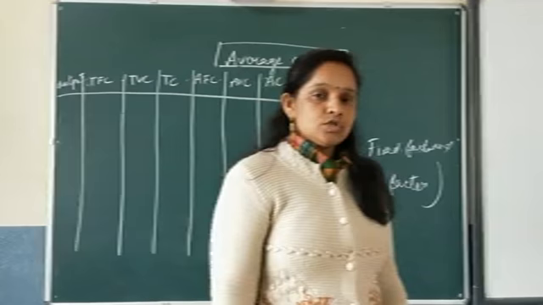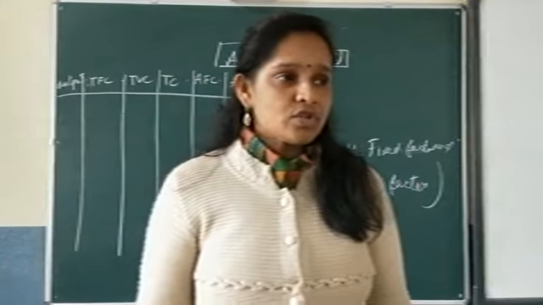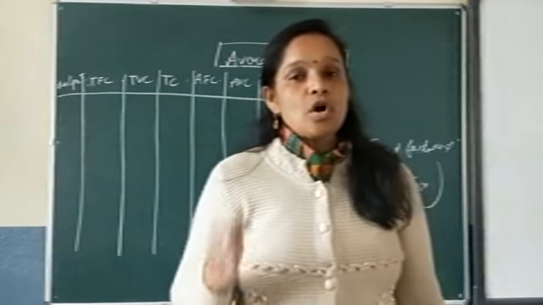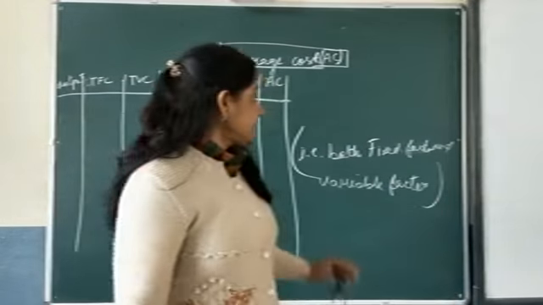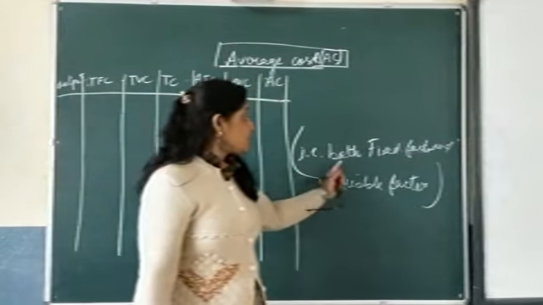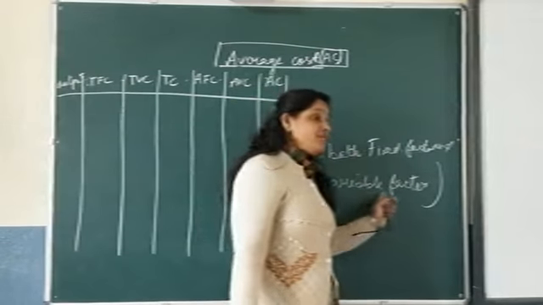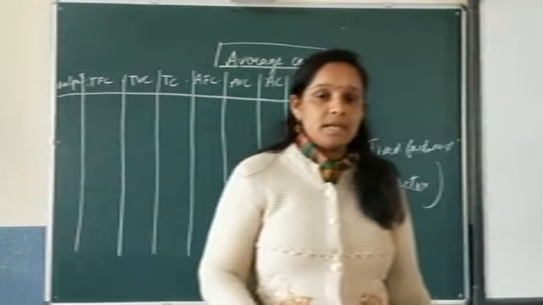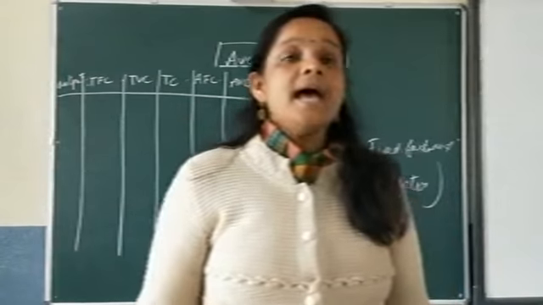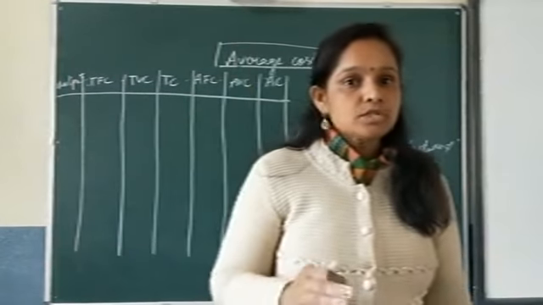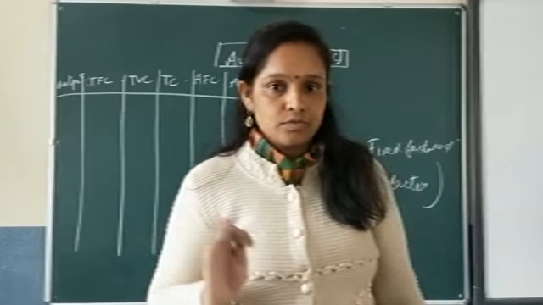So what you have to write is: per unit cost of production, then under bracket, that is both fixed factor and variable factor, close the bracket, and then write is called average cost. Full stop.